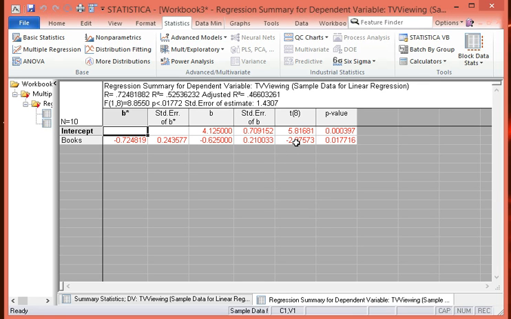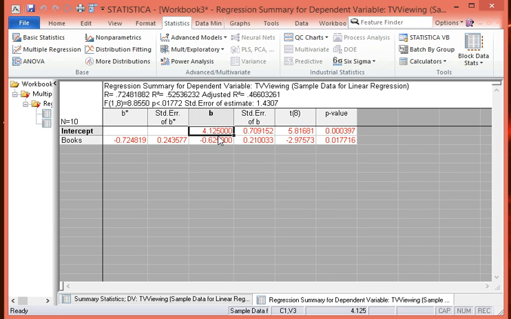Okay, now let's go to this particular table. We have here the intercept. The regression coefficient of the intercept basically tells us the value of TV viewing if our predictor is 0.